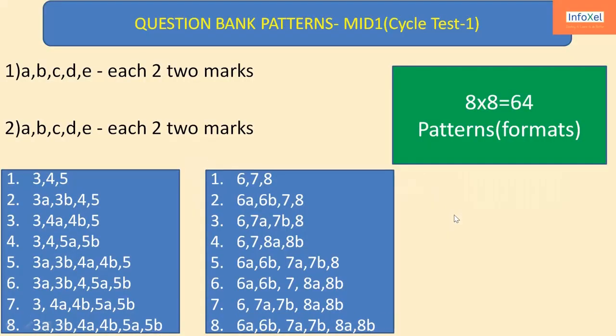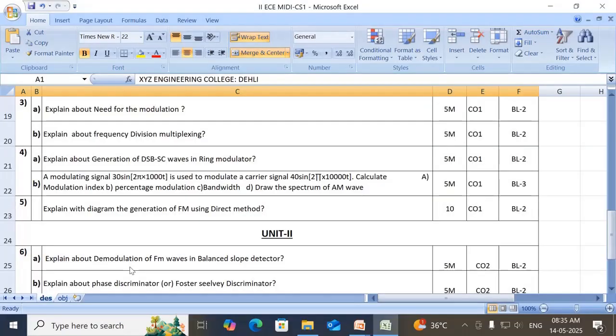You can see this in the analysis: 3AB, 4AB, and question number 5 is full mark, no subdivision.